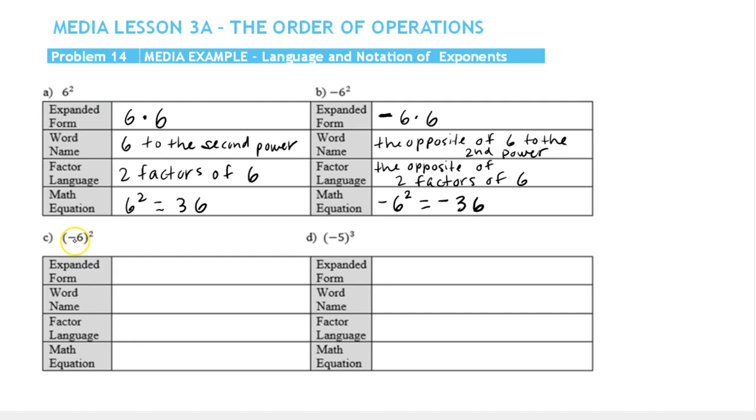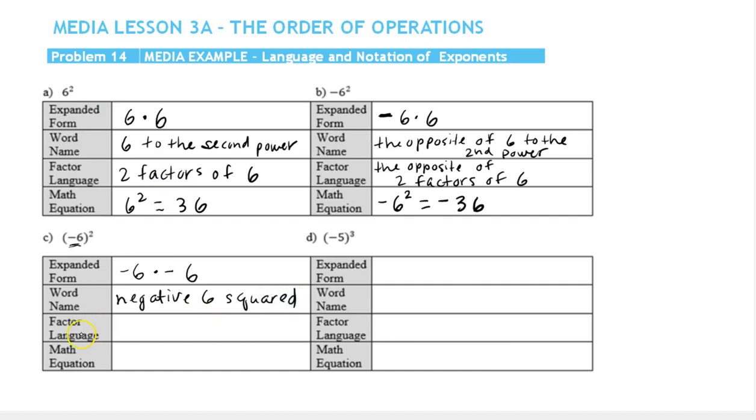So this is 2 factors of negative 6. So this means multiply, negative 6 is the base, multiply negative 6 by itself. Okay? So here we would say negative 6 squared, or to the second power, whichever you prefer.